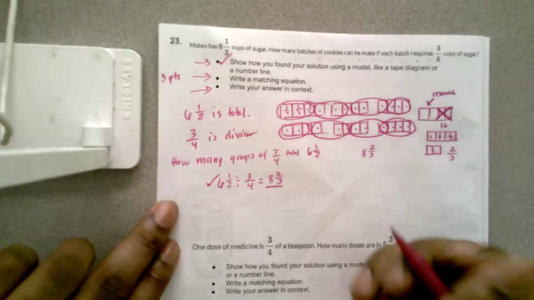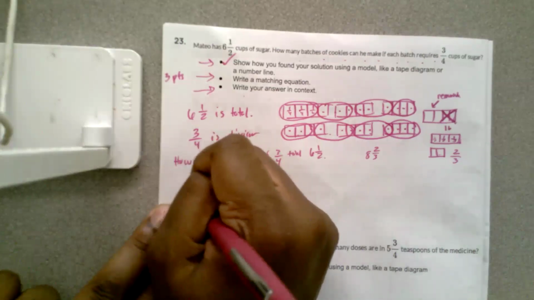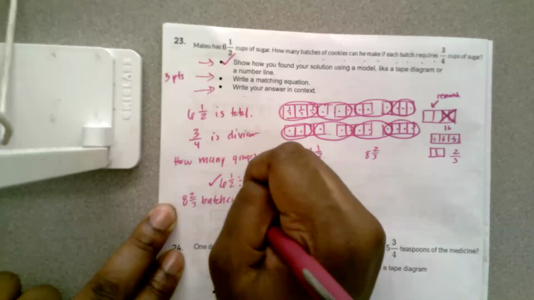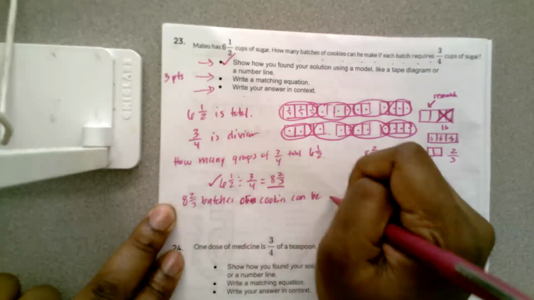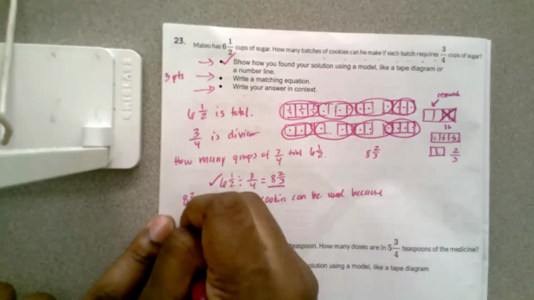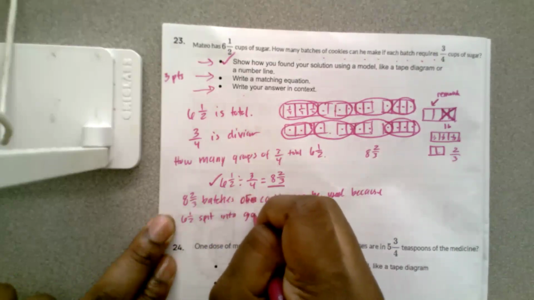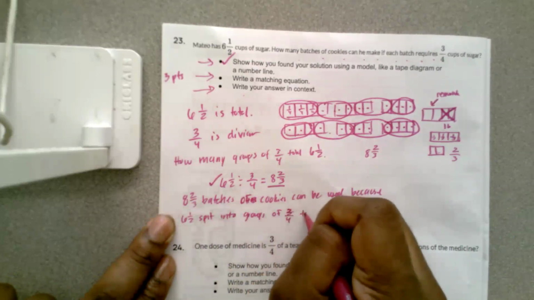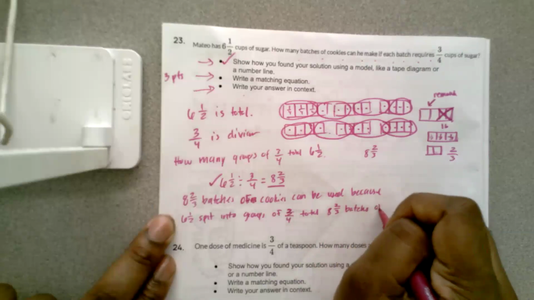Write your answer in context. 8 and 2/3 batches of cookies can be made because 6½ split into groups of 3/4 totals 8 and 2/3 batches of cookies.